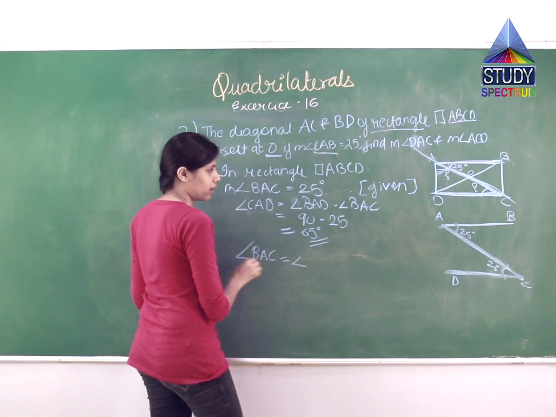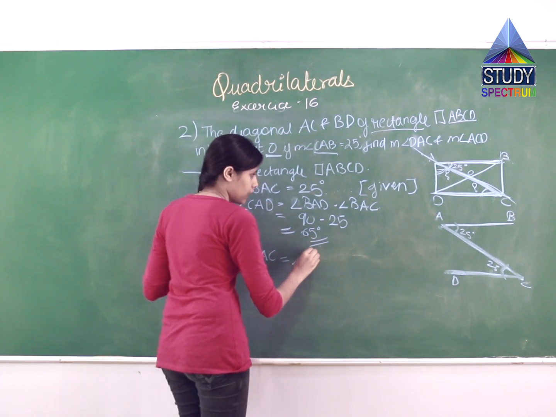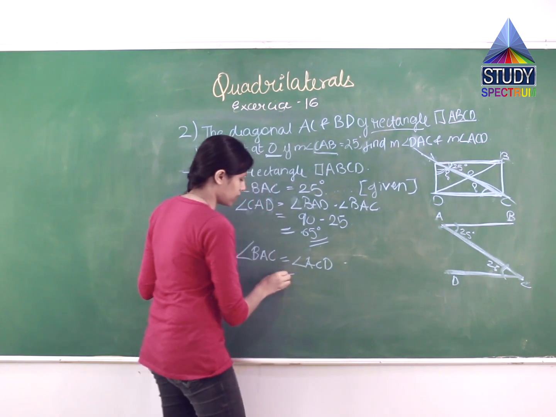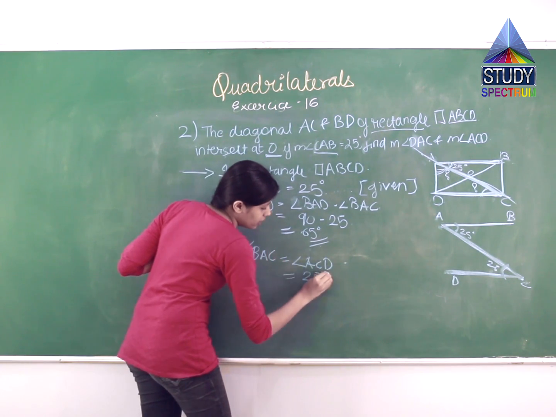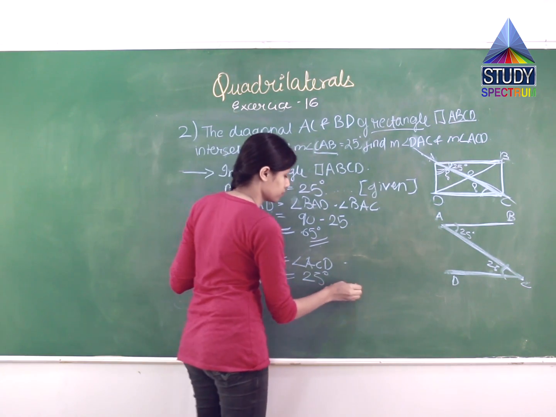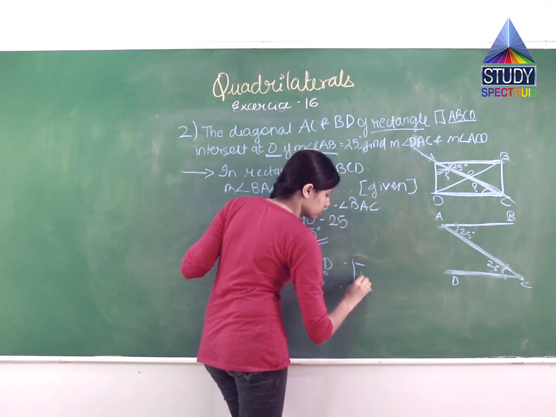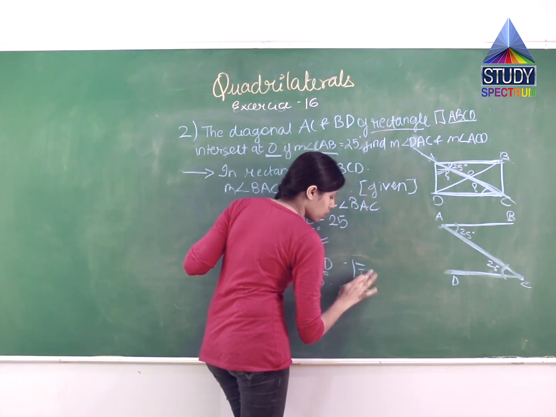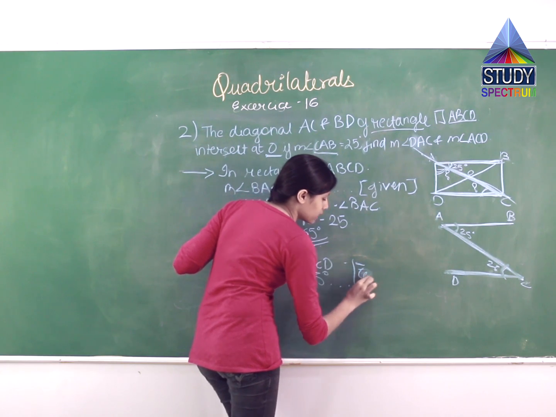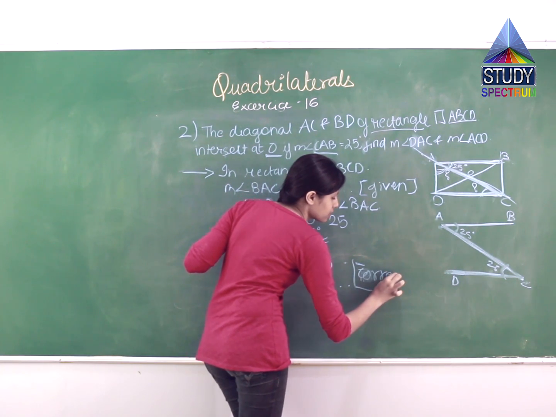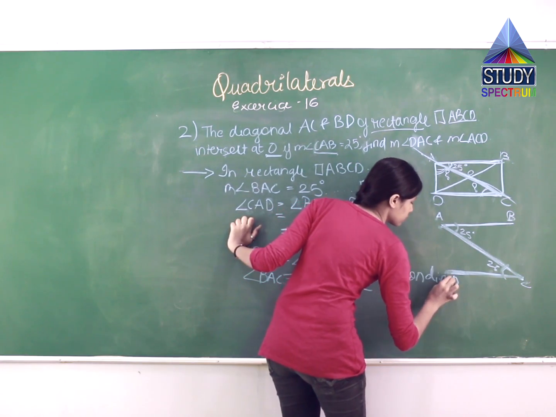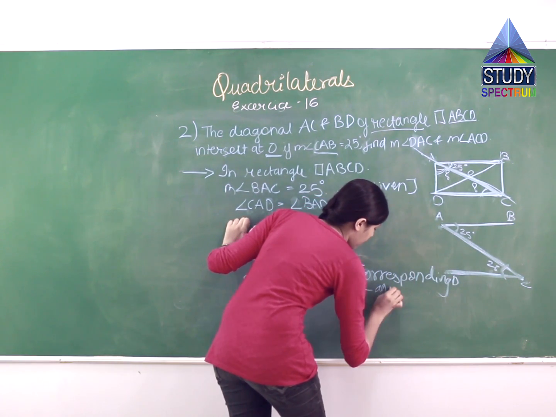So that only I'll write over here, angle BAC equal to angle ACD. You can write over here as 25 degree. These angles are also called corresponding angles. So you can write corresponding angles.